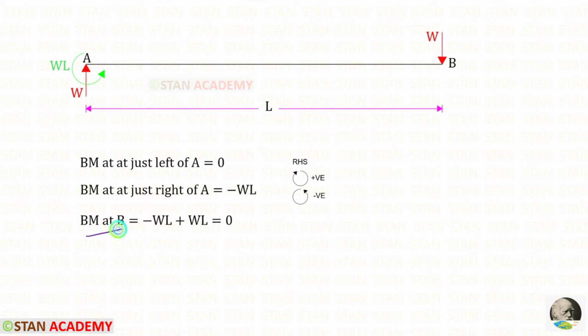For the moment at B, we will get 0. We must know that the bending moment at just left of A will always be 0 and the bending moment at the free end B will always be 0. So no need to calculate them and waste time.